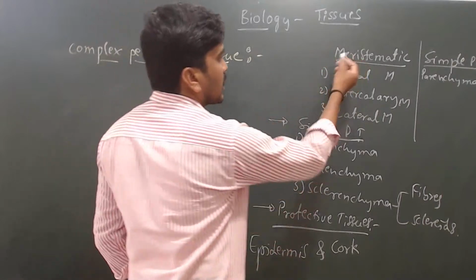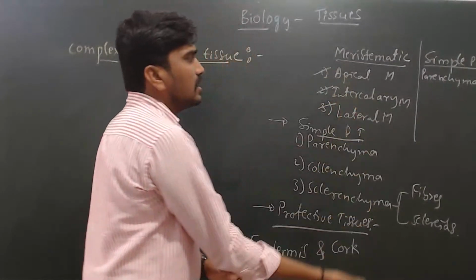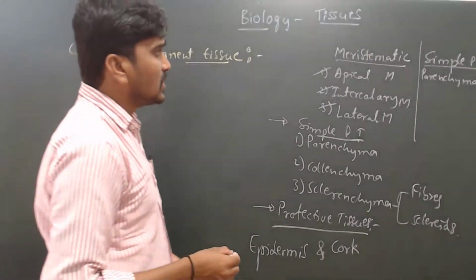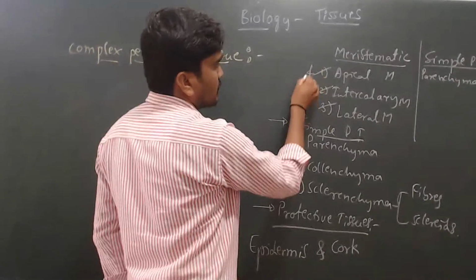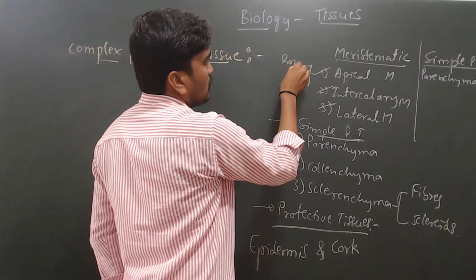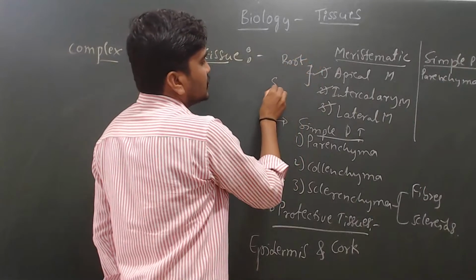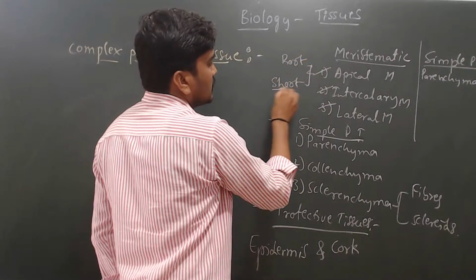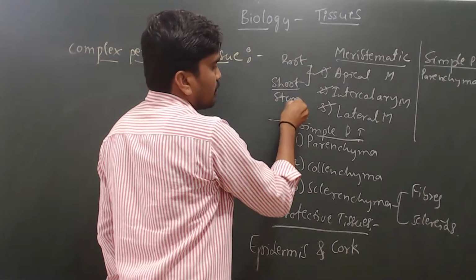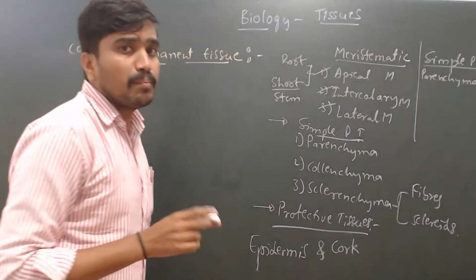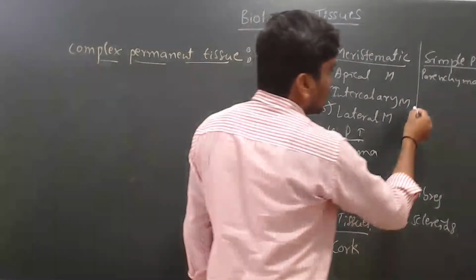In meristematic tissue, we completed apical, intercalary, and lateral. Apical meristem is present in the root and shoot, where shoot is nothing but the stem part. Intercalary is at the base of the leaf.